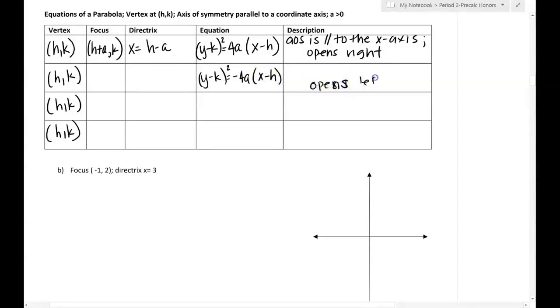And the axis of symmetry is still going to be parallel to the x-axis. Now, we are going to have the focus at h minus a, k, and the directrix will be x equals h plus a.